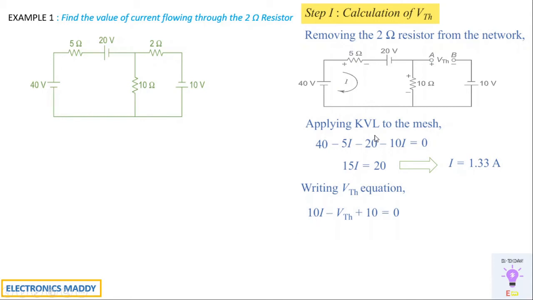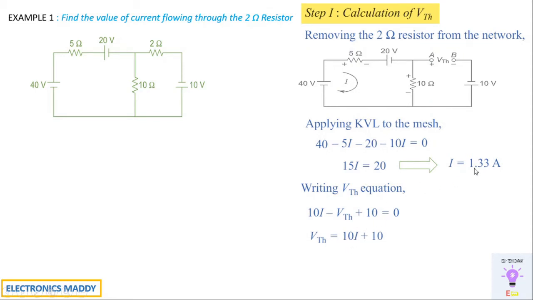So you'll be having I flowing from minus to plus in this direction. You have to write minus here and plus here, so as not to get confused. 10I minus VTH, plus to minus, minus is the point we are considering, so minus VTH, again minus to plus, so plus 10 volt is equal to 0. We'll be writing the VTH equation. So VTH will be given as 10 times I plus 10.